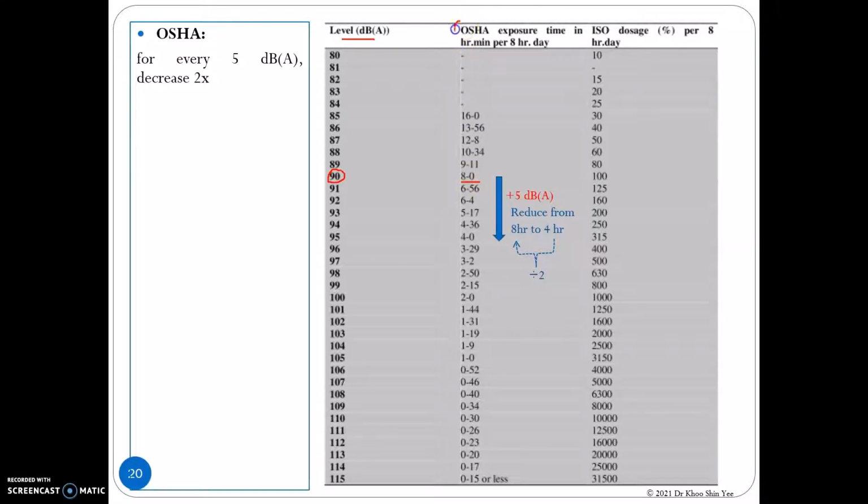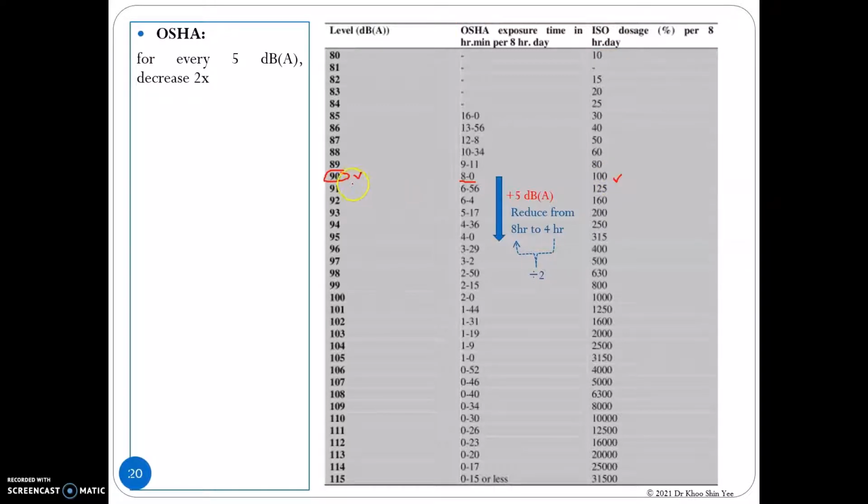So this is for the OSHA standard. And for the ISO standard, for the same 90 dBA sound pressure level, if a person stays in this working environment for 8 hours per day, then the ISO dosage will be equal to 100%.